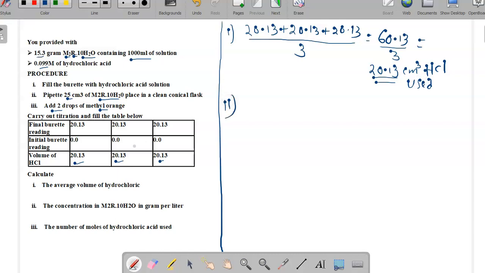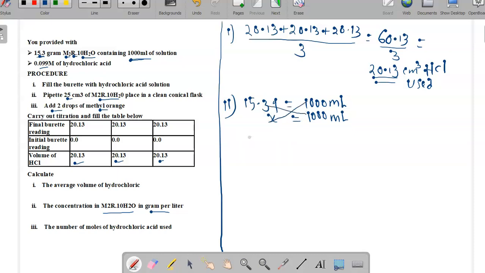Roman 2 is asking the concentration of this compound in gram per liter. To calculate it, you use the formula. Here you have the mass, which is 15.3, and the total volume, which is 1000. So 15.3 gram is equal to 1000 milliliter, and this 1000 milliliter is for the concentration.